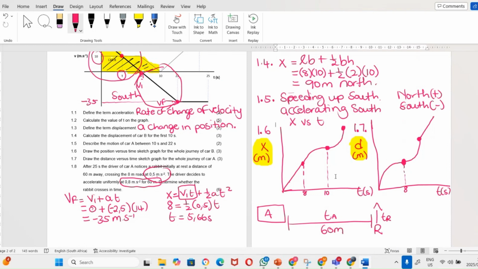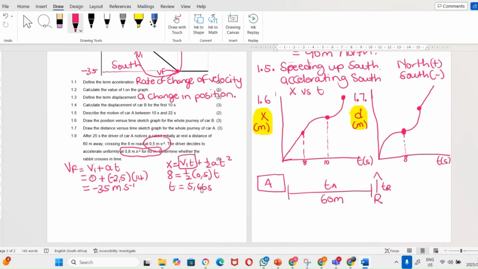Right, now let's calculate the time it takes the vehicle to get to that point. To do that, we could use the formula again, x equals VIT plus a half AT squared. Remember the rabbit is 60 meters away. The car is already traveling at the initial velocity, we said it's negative 35. And we're looking for the time, plus a half.